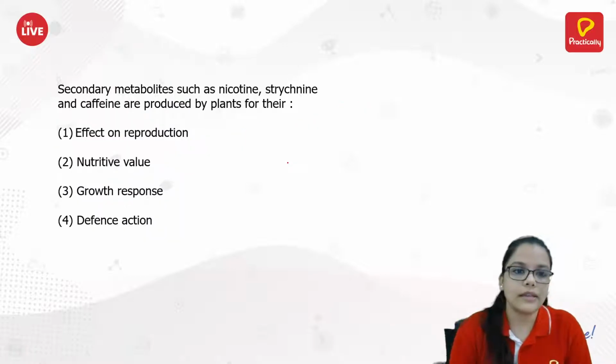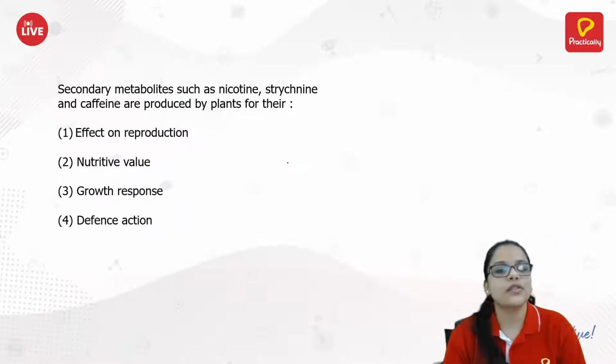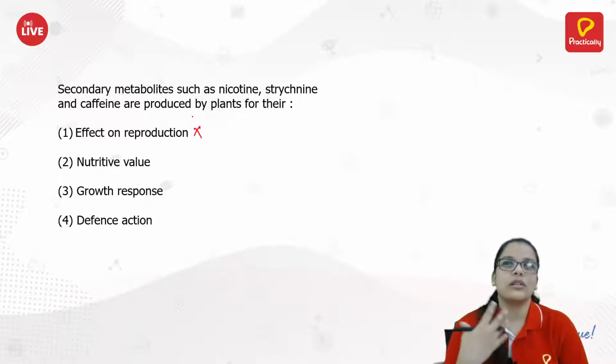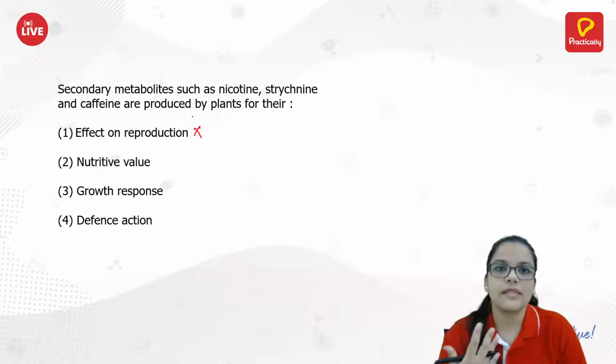Okay, next. Secondary metabolites such as nicotine, strychnine, and caffeine are produced by plants for their effect of reproduction. No, basically it is used so that preys do not attack them. Okay, this nicotine, caffeine, they produce a characteristic smell or characteristic taste which the predators do not like.